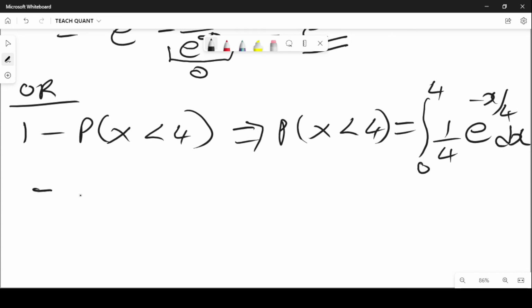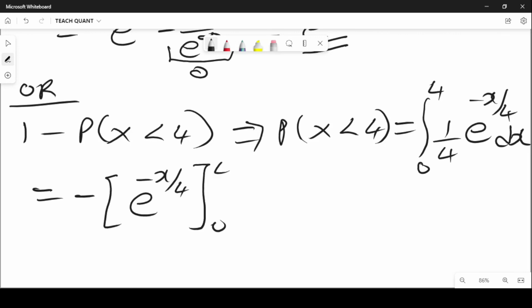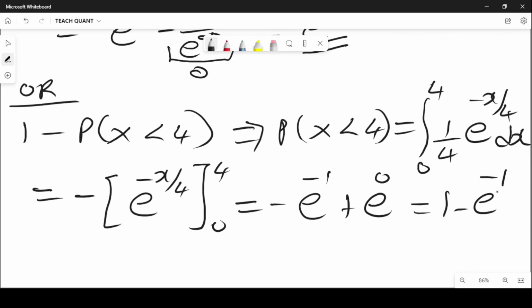This will be equal to minus e raised to the power minus x over 4, from 0 to 4, which will be equal to minus e raised to the power minus 1 plus e raised to the power 0. So it will be 1 minus e raised to the power negative 1.